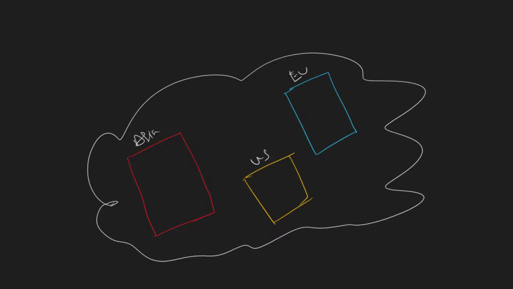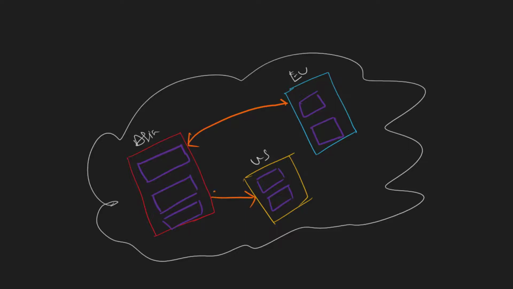So these are the geographic regions. Within a geographic region, there could be multiple regions and data centers available. For instance, there are multiple regions within Asia. The same goes for the US. All these geographic regions are connected with a dedicated network, and these regions are also interlinked with each other.